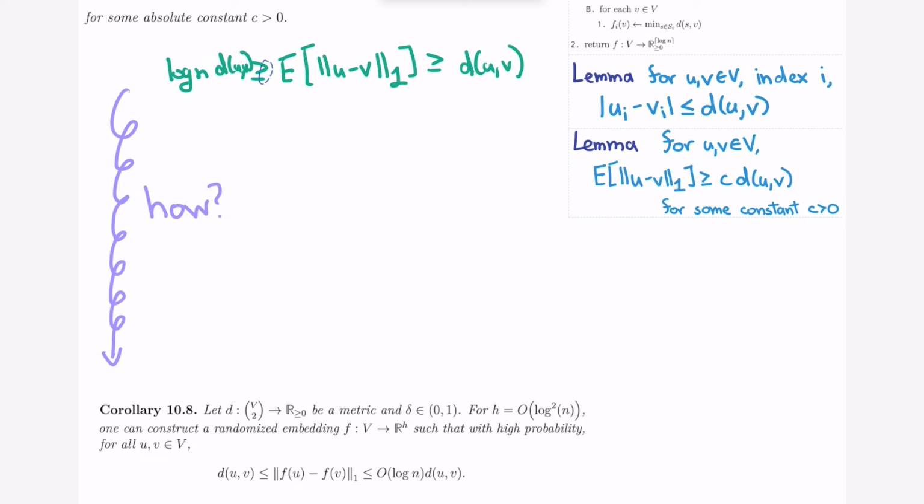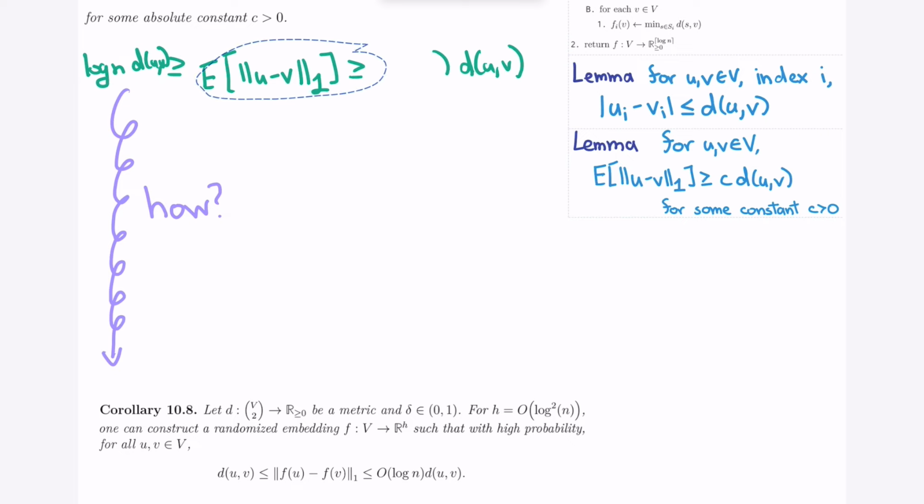Or maybe it's a little easier to see if I put it back to where it was before with the extra log n, which is the same up to scaling. That's not a big deal. Suppose I said this was just 1. Let's scale everything so that the distance is 1, figure out the idea, and then it'll scale back up because everything's multiplicative.